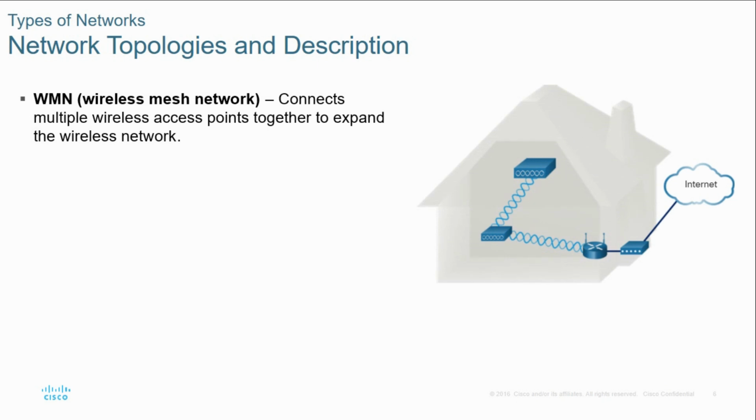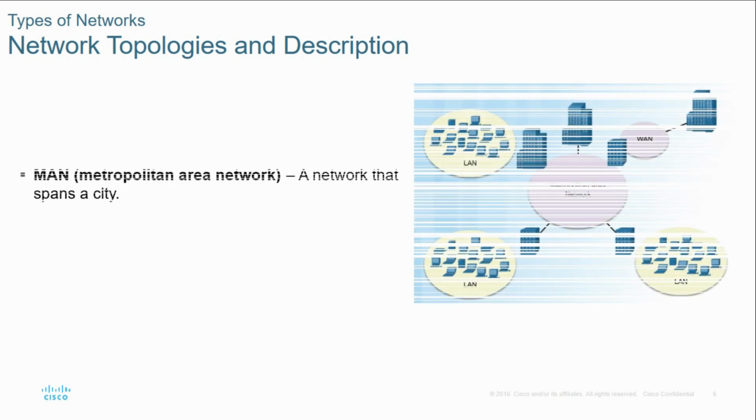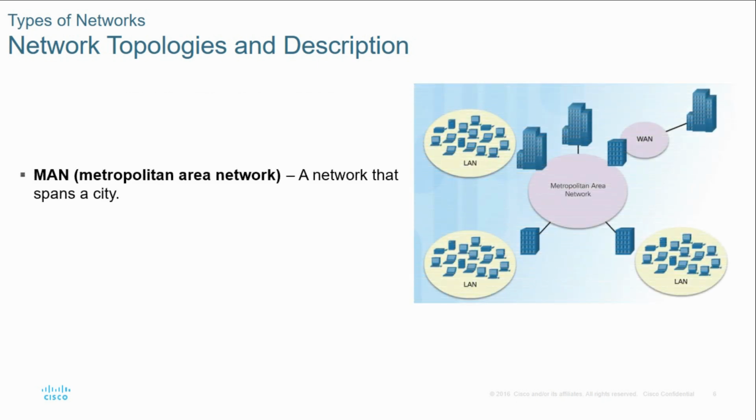The typical range of WLAN is 150 feet or 46 meters indoors and 300 feet or 92 meters outdoors. So if you want to extend your Wi-Fi connectivity, WMN is of great help. A metropolitan area network or MAN is a network that spans across a large campus or a city. The network consists of several buildings connected through wireless or fiber optic media.